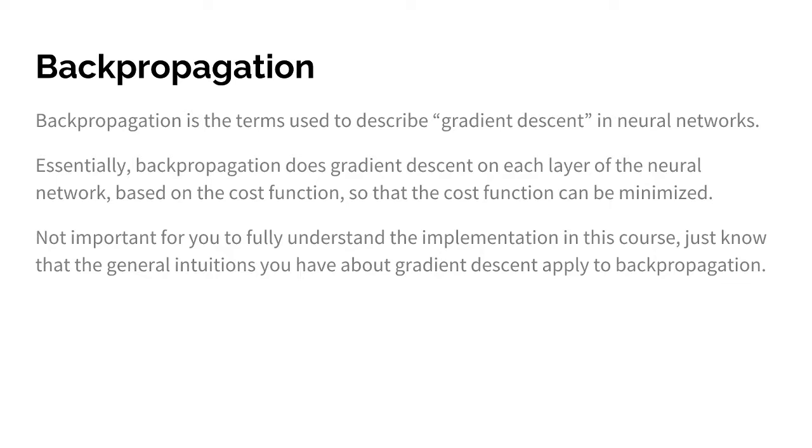In this course, it's not really important for you to fully understand how this is implemented, but just for you to know the general intuitions you need in order to do machine learning well. So when I say backpropagation, just think gradient descent for neural networks. We're trying to minimize the cost by changing the weights.